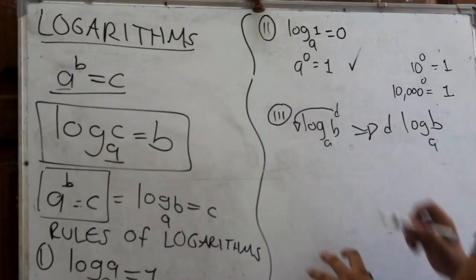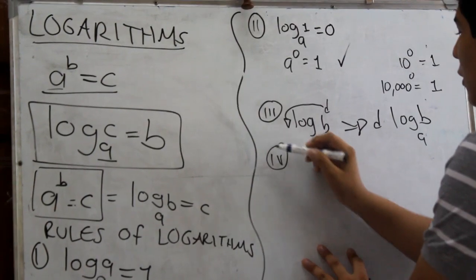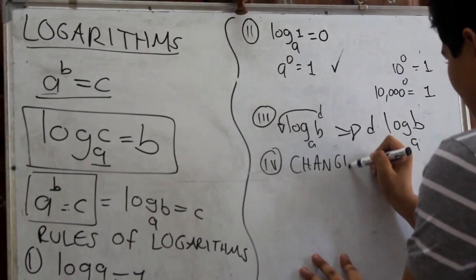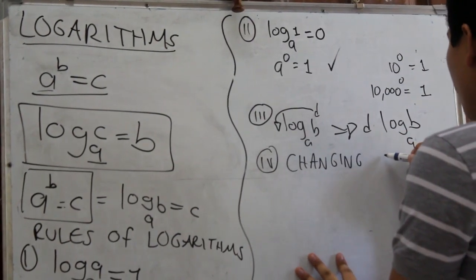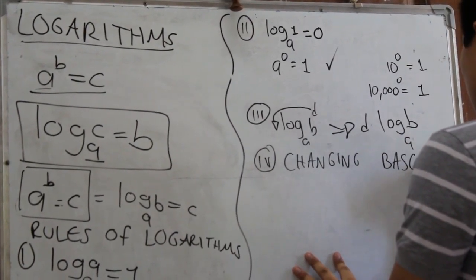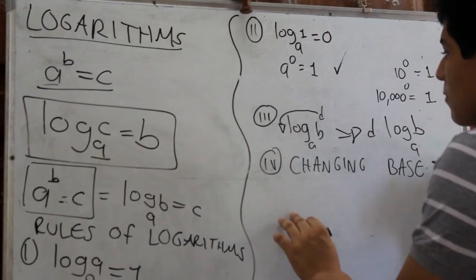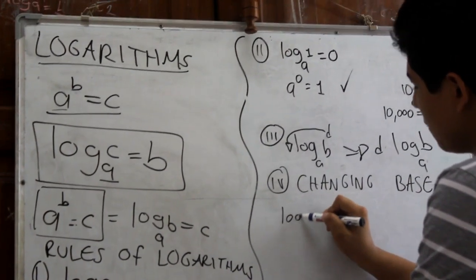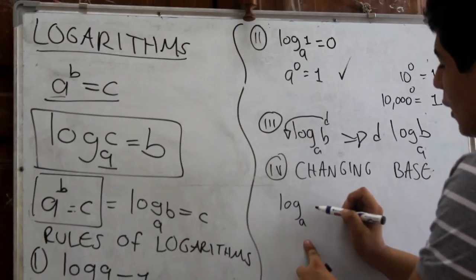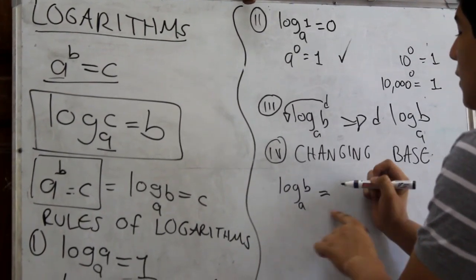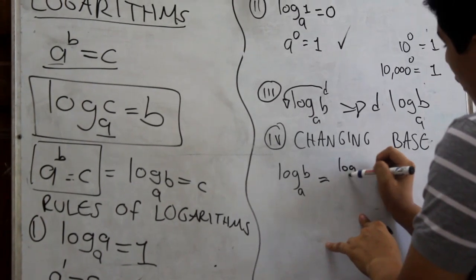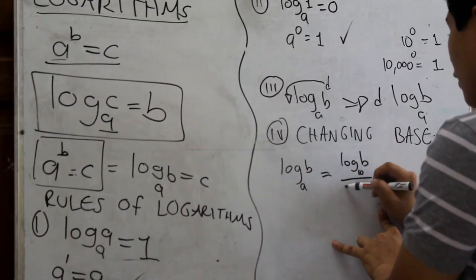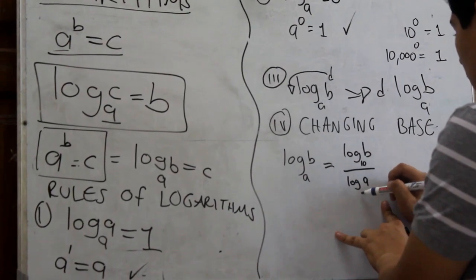Now guys, there is a fourth rule that is called changing base. The changing base rule says like this: if you have logarithm base a of b, this is the same as saying logarithm of b base 10, here is base 10, over logarithm of a base 10.